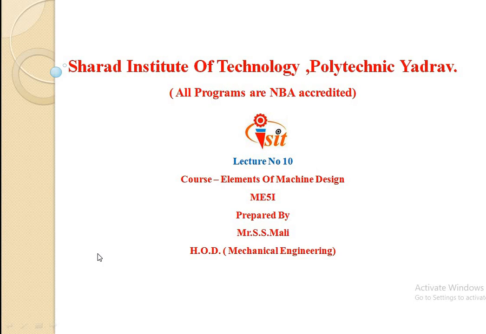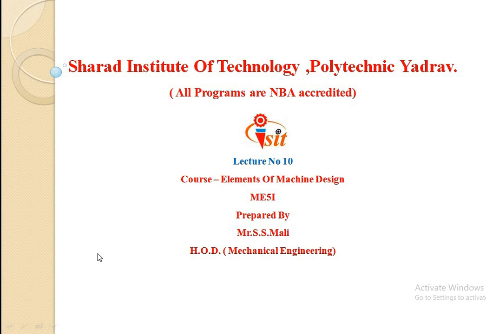In the last lecture we have seen regarding the standard code, the process of standardization, what are the different standards that are used in mechanical engineering design, and what are the benefits of standardization. Now we will move further.